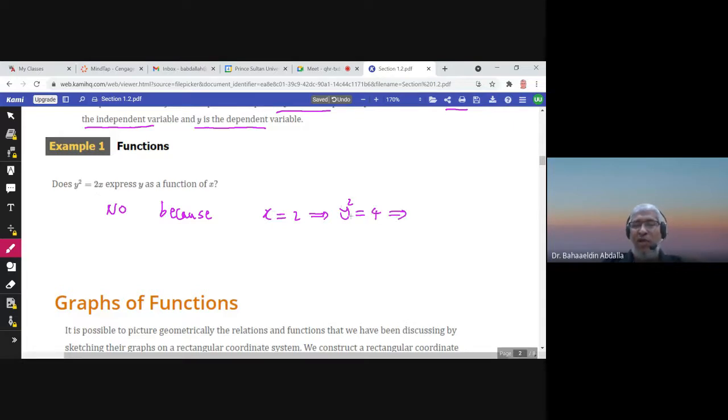And if you solve this equation for y, y would be plus or minus square root of 4, which is plus or minus 2. So 2 is the input, and it goes to 2 outputs. So this is not a function. It's a relation, but it is not a function.